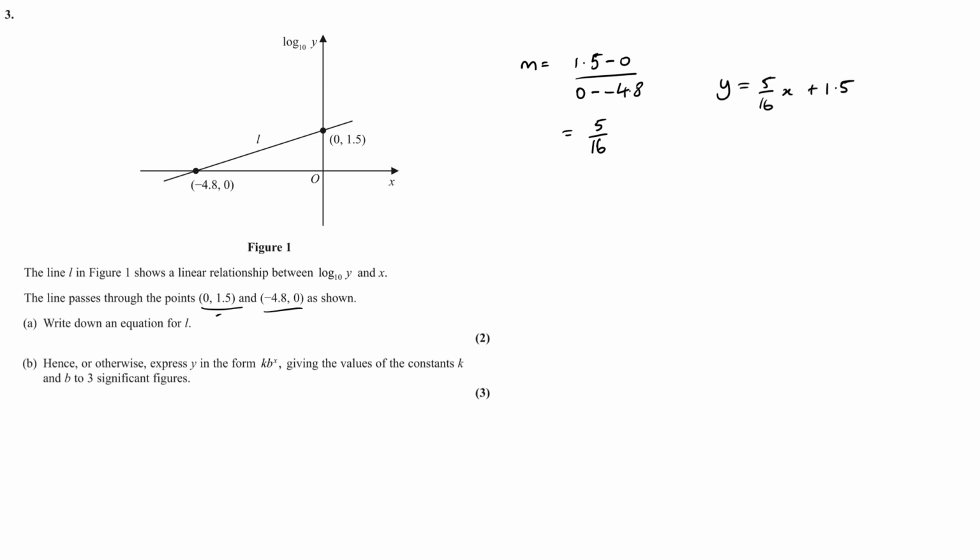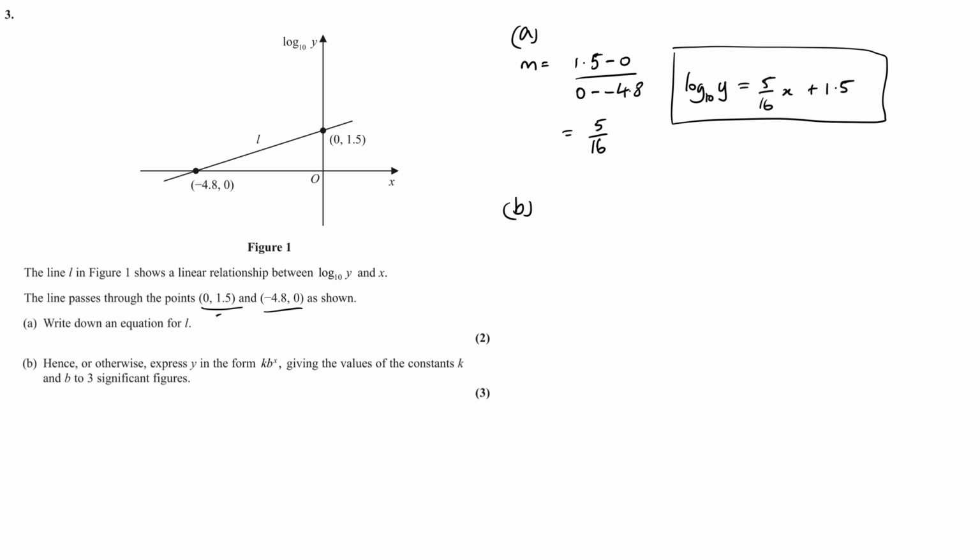So that's the equation, except for the fact that it's not y. It's log to the base 10. So it's log y to the base 10. So what I actually need to do is change this y into log y to the base 10. And then this is my equation for L. Okay, and that would be part A there.